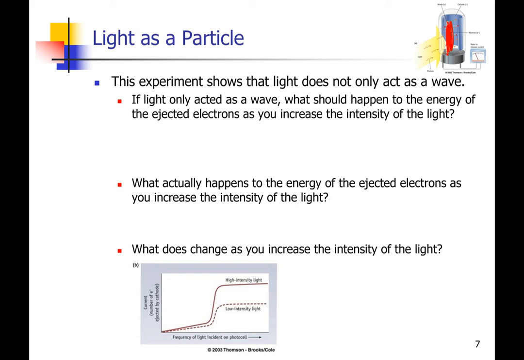So you would expect increasing the intensity of the light to increase the energy of the electrons.